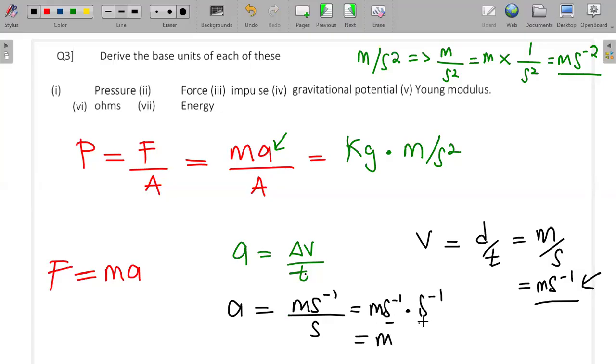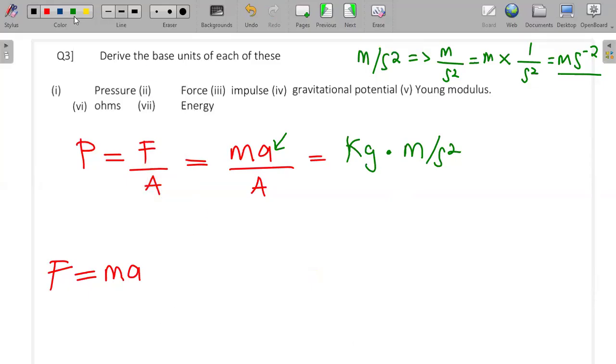And then these are the same base, so we can add their powers. So it will be s to the power of minus 1 plus minus 1. That will be minus 2. So that's where the units for the acceleration are coming from. I've shown you where they're coming from, but in the exam or in the tests, you can simply state acceleration as these units.